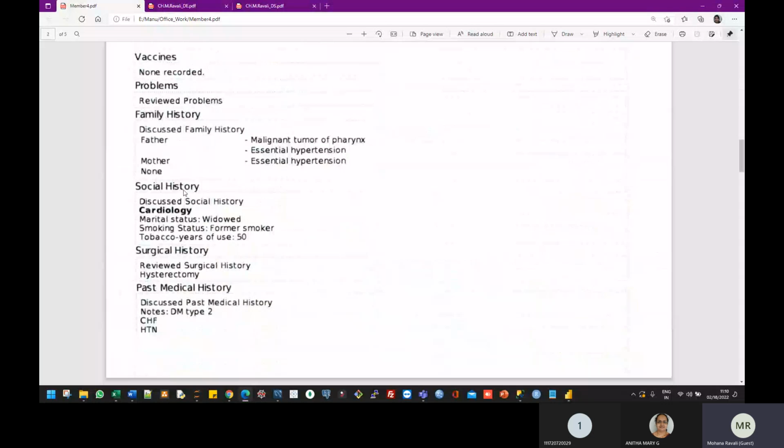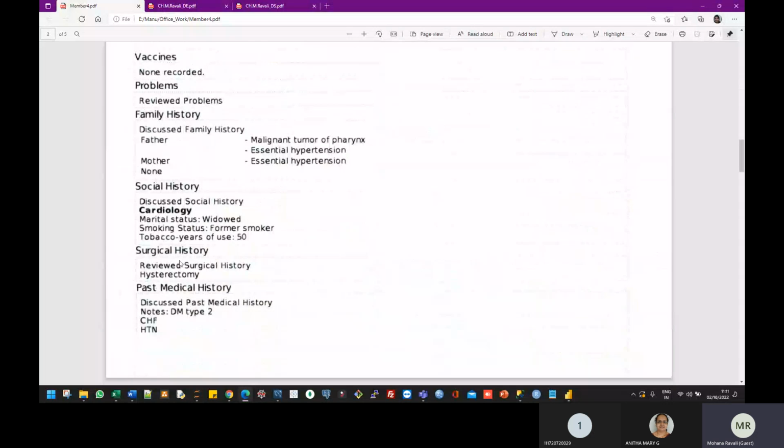Social history. What comes in social history? Marital status and his surroundings. Is he a smoker? Is he a drinker? If he is a smoker, is he a chain smoker or a frequent smoker, because that also affects his lungs, right?